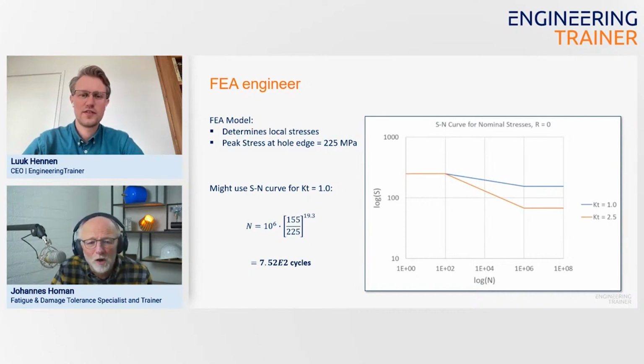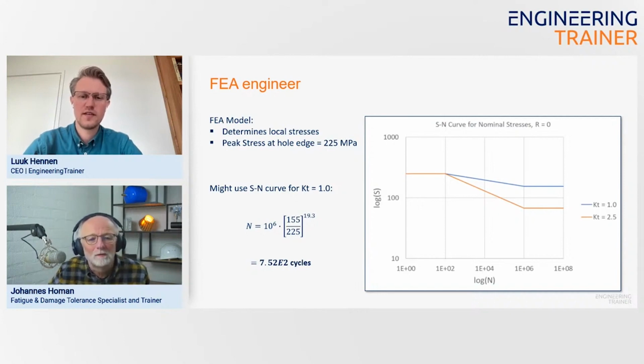Basically you have a local stress there, and that local stress doesn't see any additional stress concentration factor anymore. So your first approach might be, okay, I have a local stress, no notches, whatever, look just at the local stress, and I will take the SN curve for KT 1. In this case, that is the blue curve here.